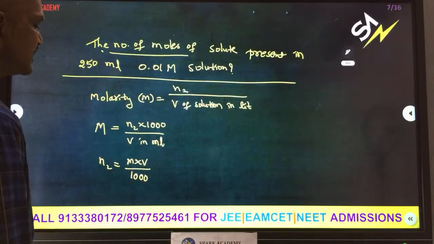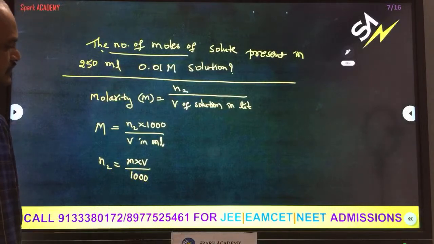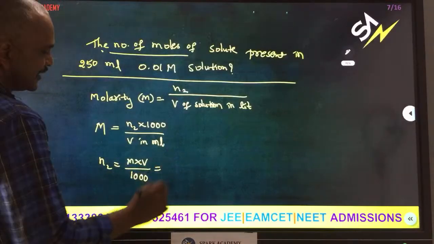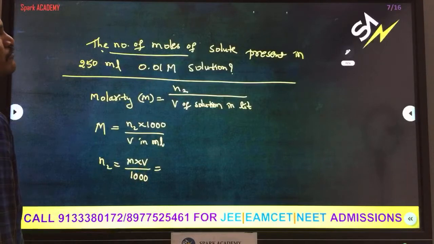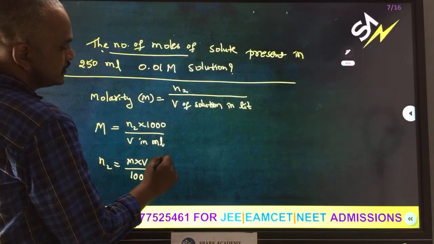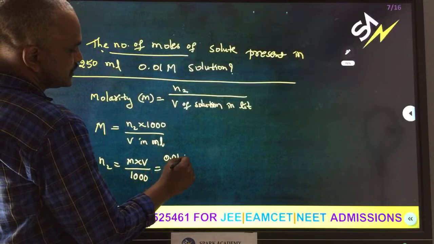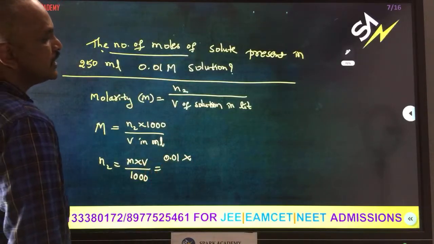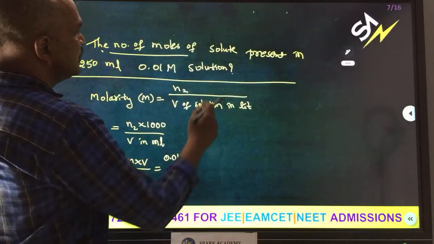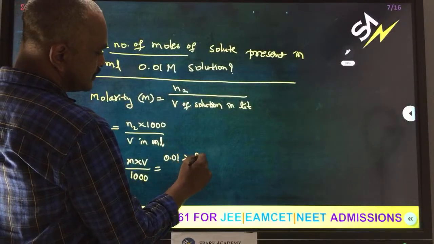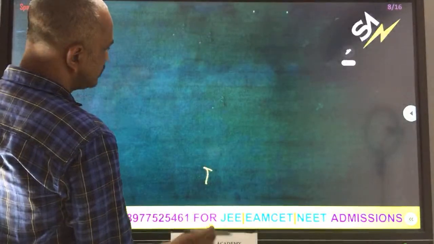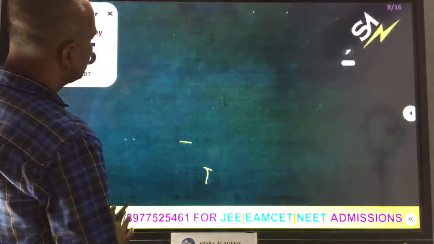Now let us see, the M value given here is 0.01. The V value, the volume, is 250 milliliters.